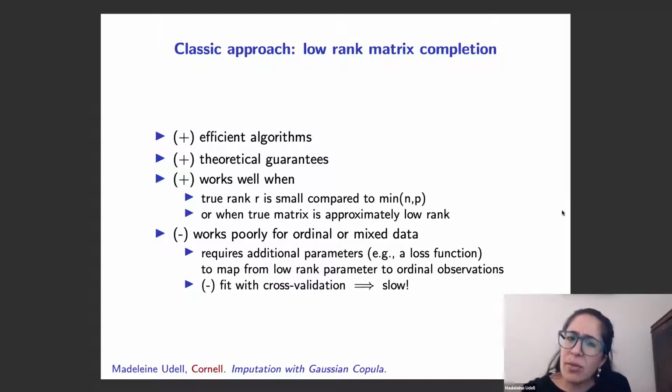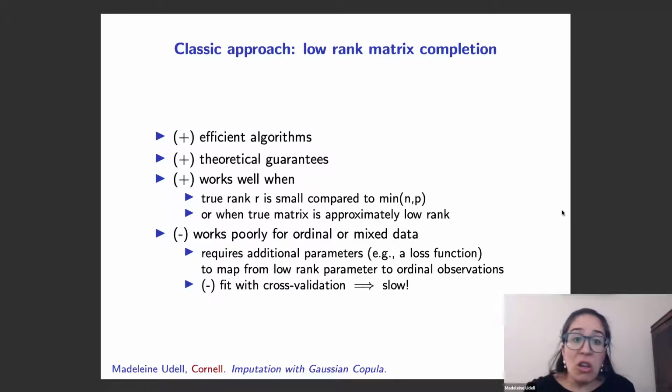Because you have to write down some loss function that tells you how to connect this low rank matrix with the kind of values that you're observing in the data that you collected. To fit those extra parameters, usually the way you do this is with cross-validation. But cross-validation is very, very slow.